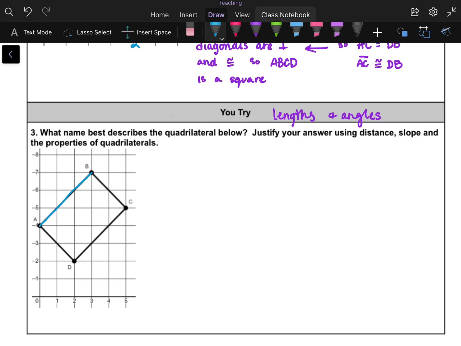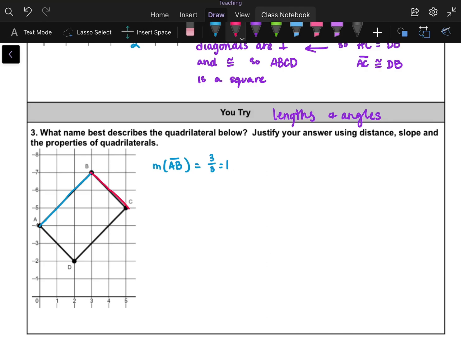So first thing I'm going to look at is the slope of these sides to see if they're perpendicular or not. So when you find those slopes, the slope of side AB will be 3 over 3, which simplifies to 1.